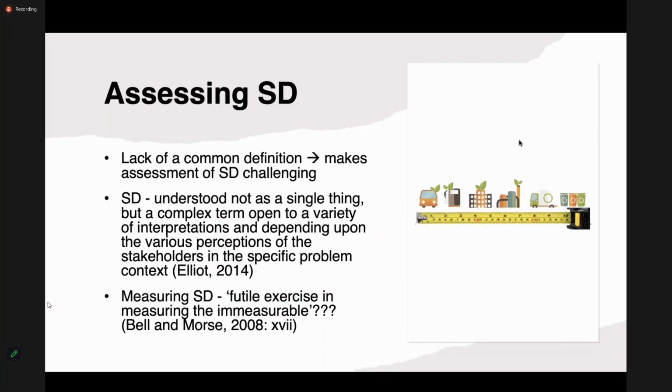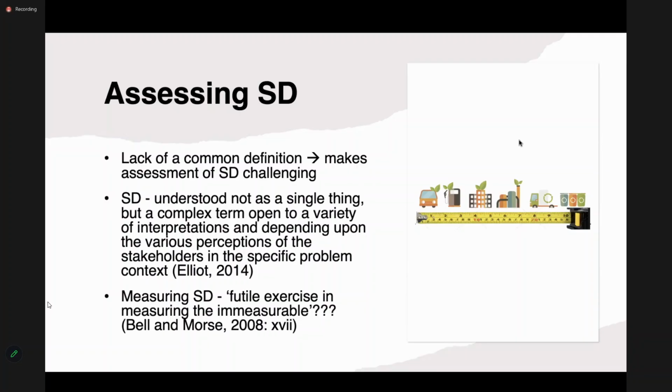So we saw at the very beginning the concept of sustainable development, people define in different ways. So there's no one universally agreed, commonly identified definition. Because of this, when it comes to assessing whether a development or a project is sustainable or not, it could be a bit of a challenging task.